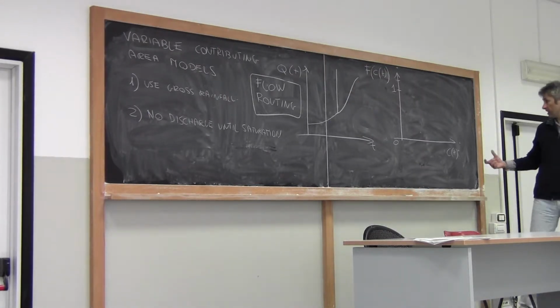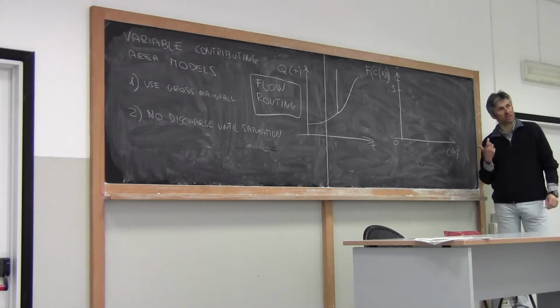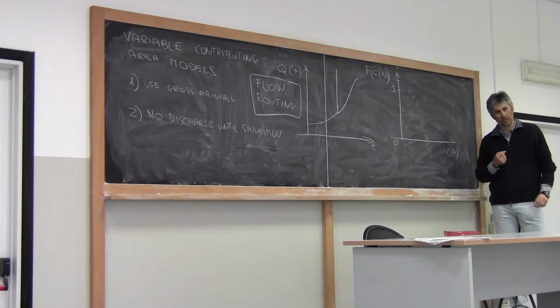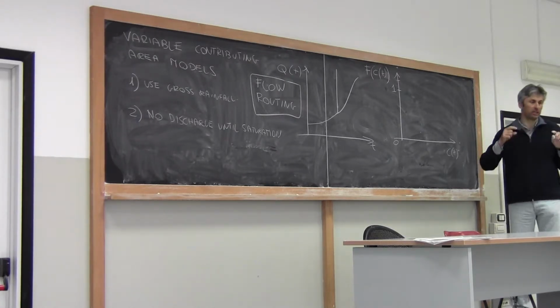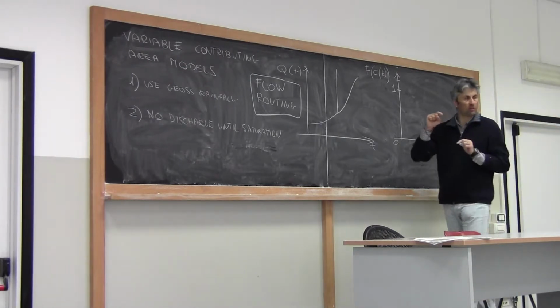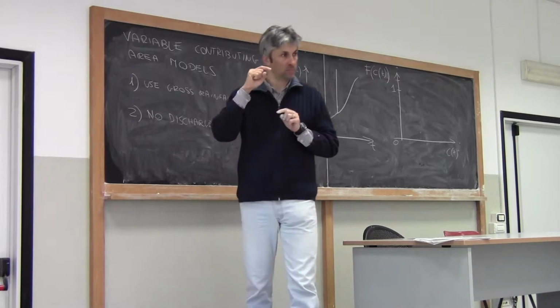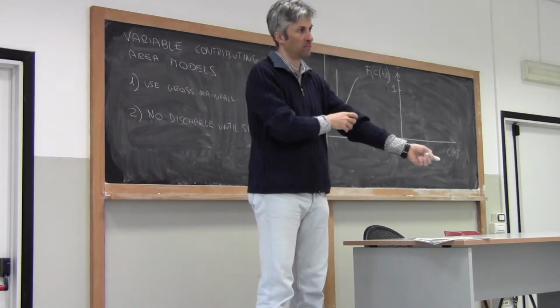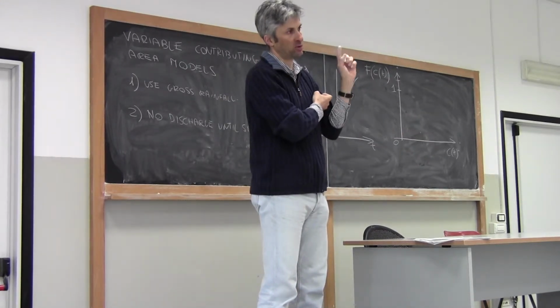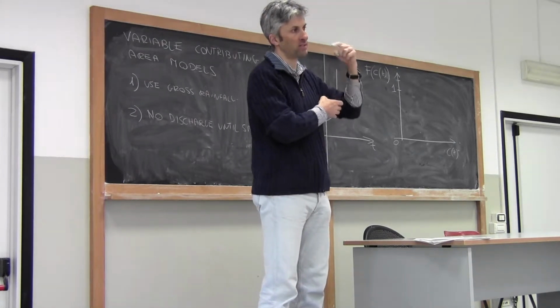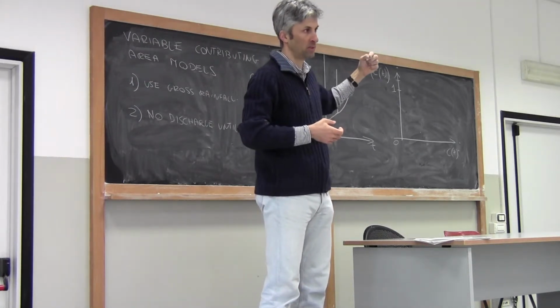So how can we define C? Let's define C as the water storage expressed in the dimension of length, so millimeters. And I have to say this because if I say water storage, one thinks of the volume.